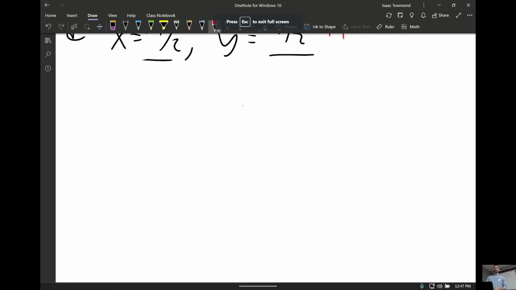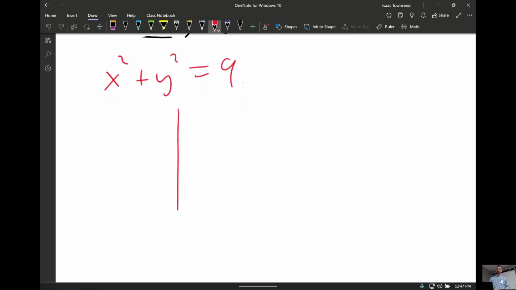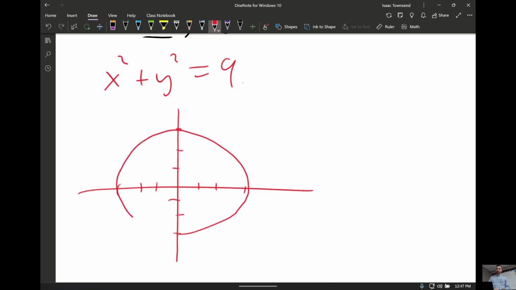Also, just kind of a side note, in case you guys are wondering what these equations might look like. Something like this isn't a function, but some of these equations would be for circles or ellipses or other conics.